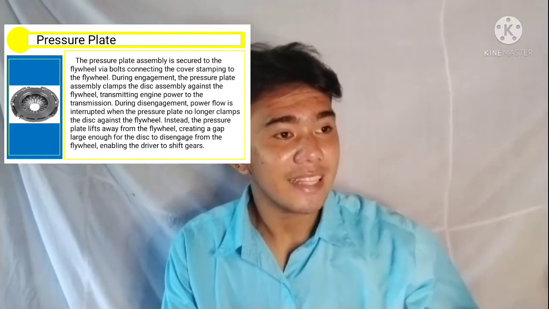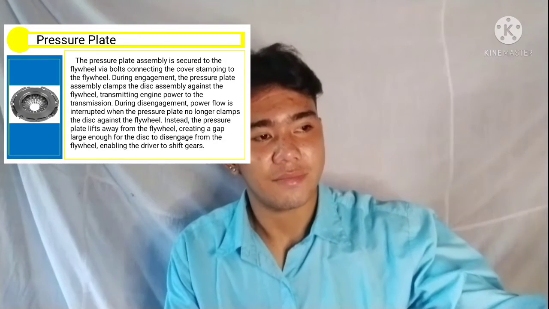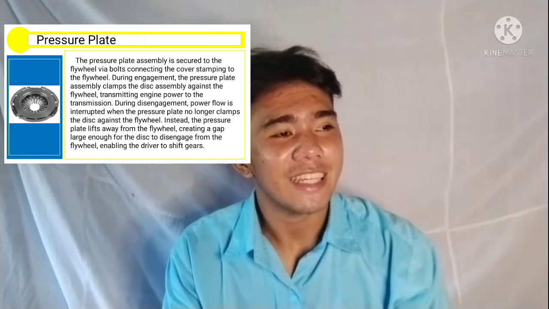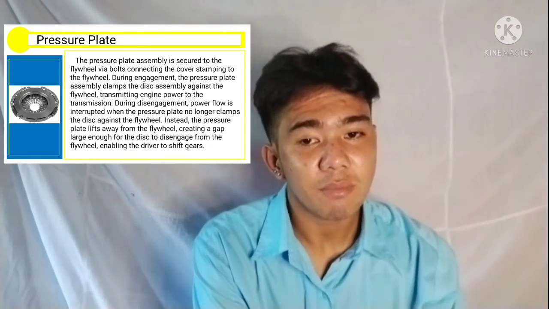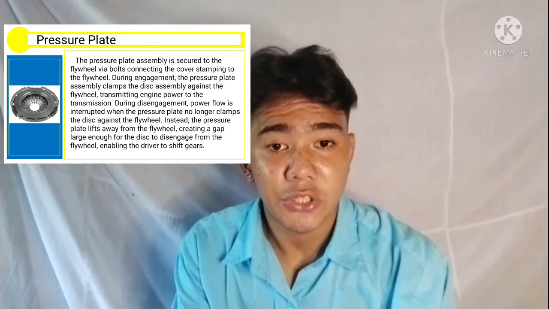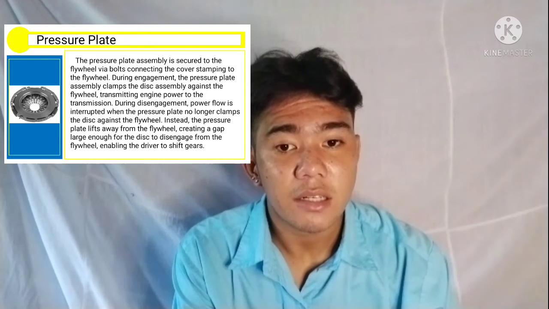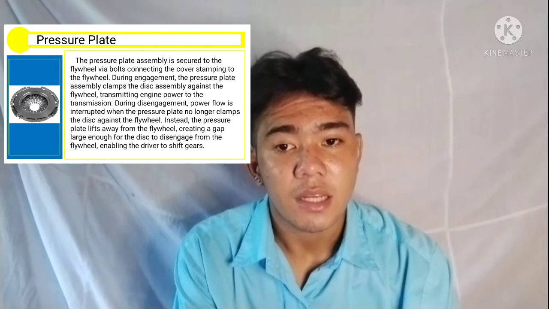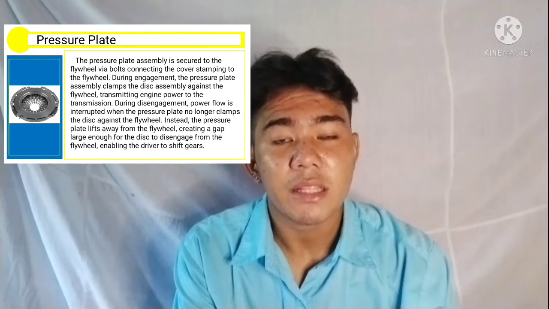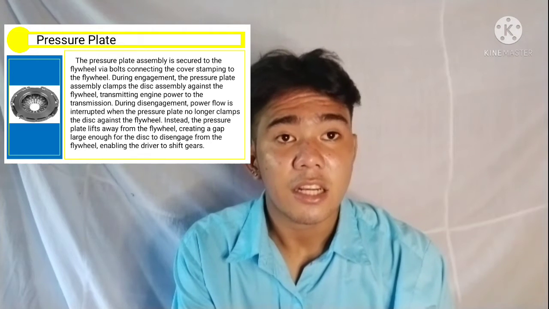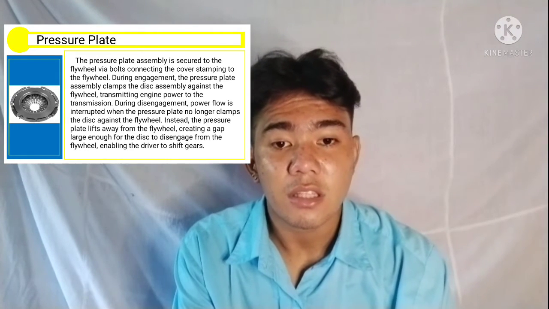The first part is the pressure plate. Now who can read? Okay, mister, can you read please? Okay, thank you. So, the pressure plate assembly is secured to the flywheel via bolts, connecting to the cover stamping on the flywheel. During engagement, the pressure plate assembly clamps the disc assembly against the flywheel, transmitting engine power to the transmission.